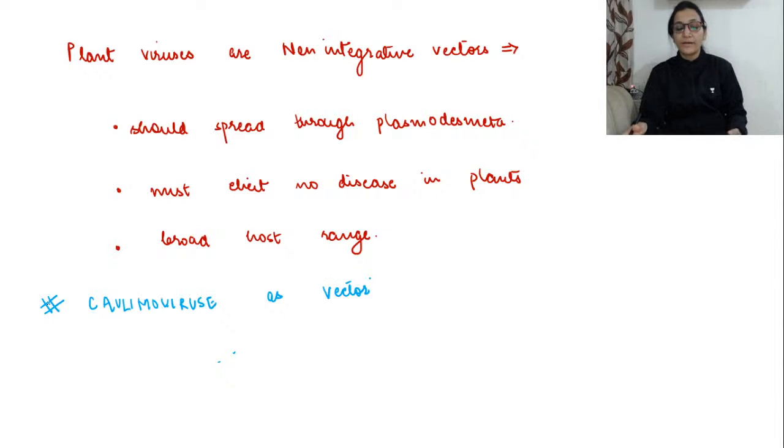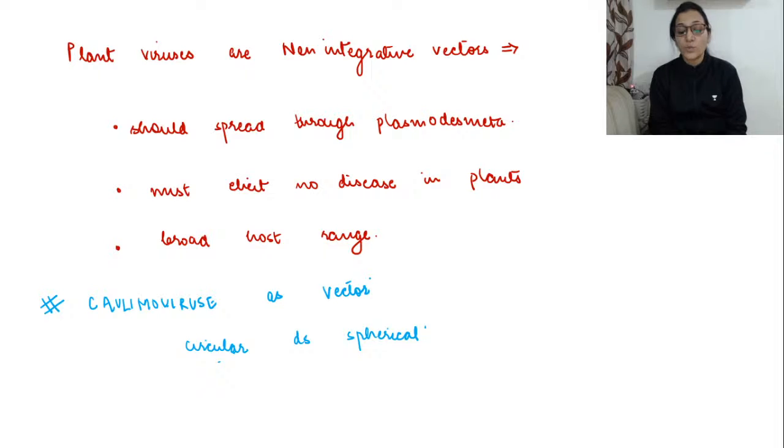So why is the caulimovirus used as a vector? Because it is circular, double stranded, spherical in shape.